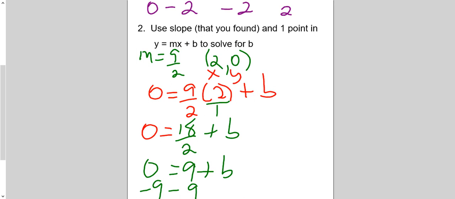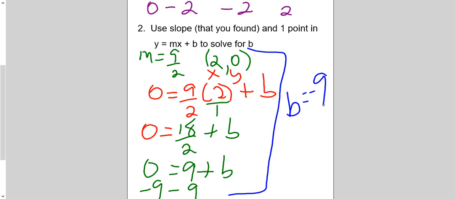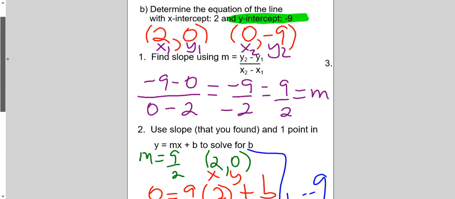Look at all the work I did here. And I mean, it's good work, don't get me wrong. And it's great algebra, but I actually didn't need to do all this because I was told in the instructions that our y-intercept was -9. Oh, well, silly me. If you don't notice it and you go ahead and do the algebra, there's nothing wrong with that. It's just doing a little extra work that wasn't needed, but that's okay.